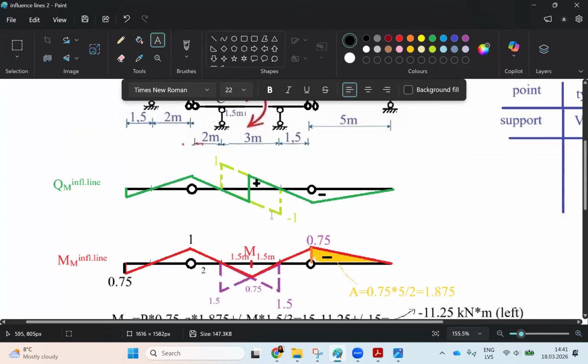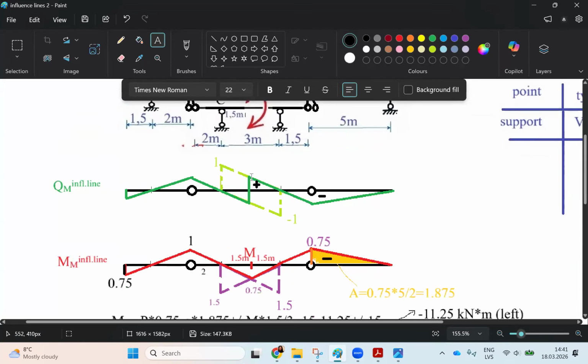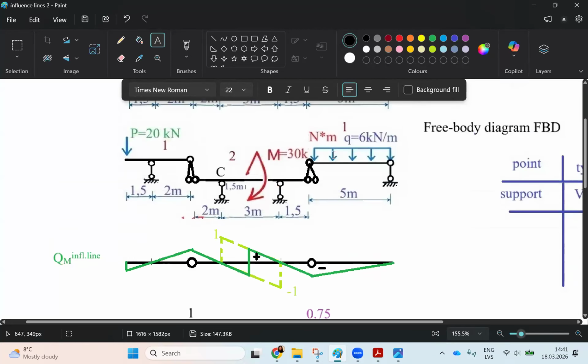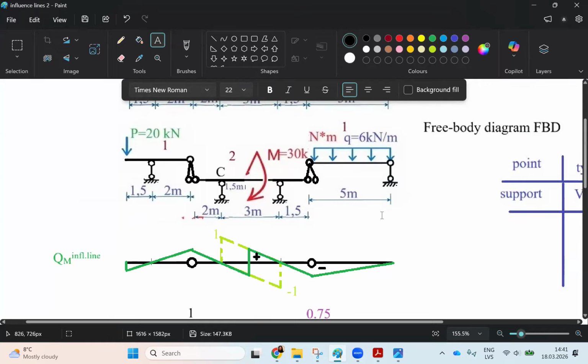So these were influence lines for the midspan. Shorter, but for this free body diagram, it's for both sides, it goes very far.